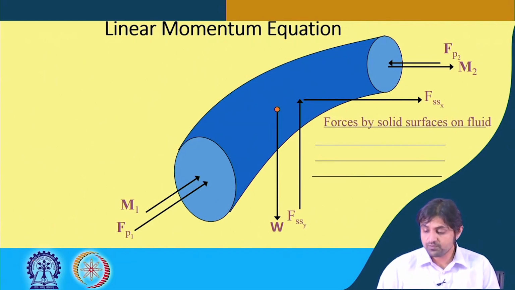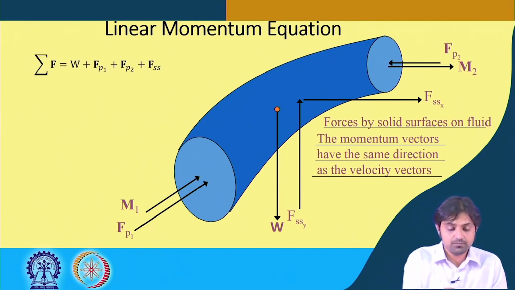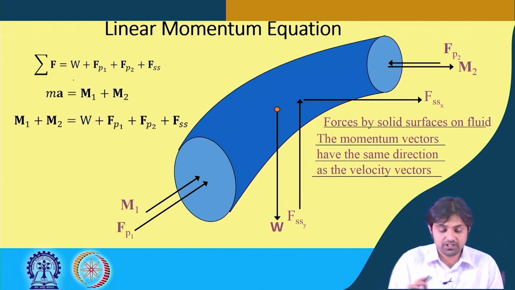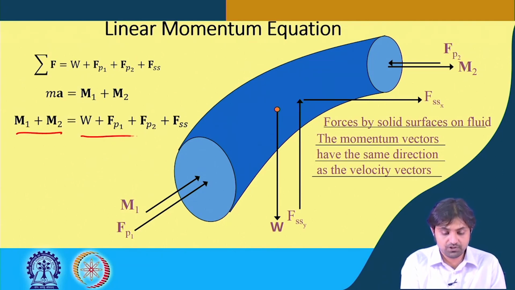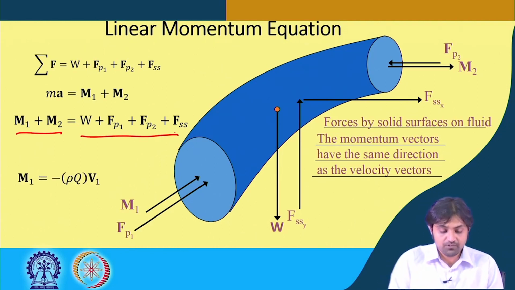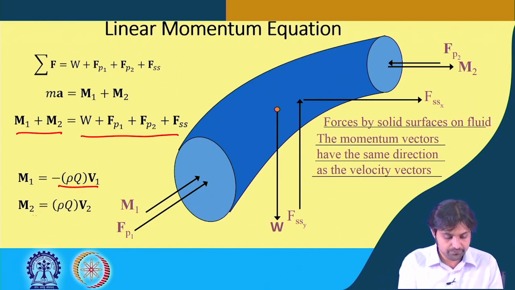The forces by the solid surface on the fluid, and the momentum vectors have the same direction as the velocity vectors. So we can simply write F is equal to W plus Fp1 plus Fp2 plus Fss, and ma, mass into acceleration, is M1 plus M2. So M1 plus M2 is equal to W plus Fp1 plus Fp2 plus Fss, where M1 is minus rho Q V1 and M2 is plus rho Q V2.